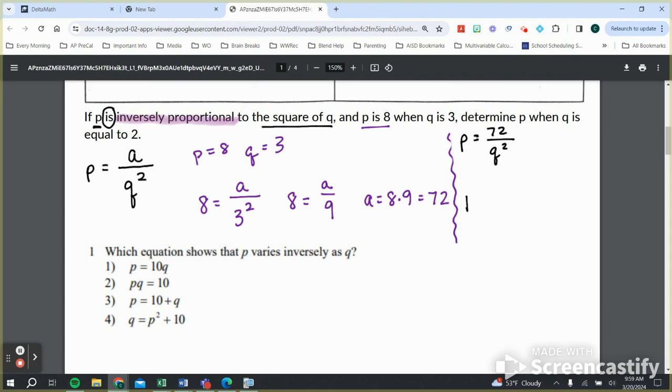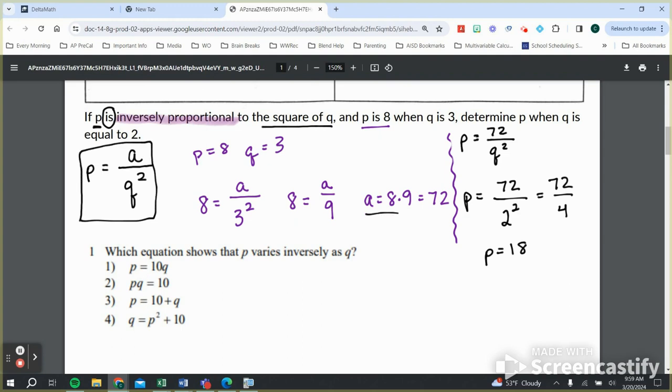Oops, it's not y, it is P. Wrong variable. So we want to figure out what P is when Q is 2. So this is going to be 2 squared. So 72 divided by 4, P is equal to 18. So we had to figure out this equation first. Then we got to figure out our a, and then create our equation to then solve for P.